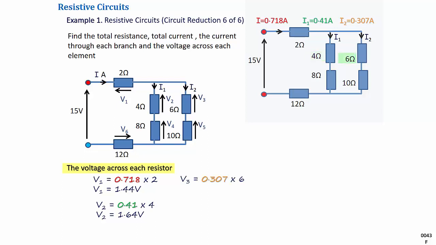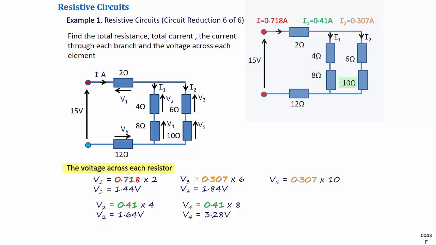V3, the voltage across the 6 ohm resistor, equals 0.307 times 6, which equals 1.84 volts. V4, the voltage across the 8 ohm resistor, equals 0.41 times 8, which equals 3.28 volts.